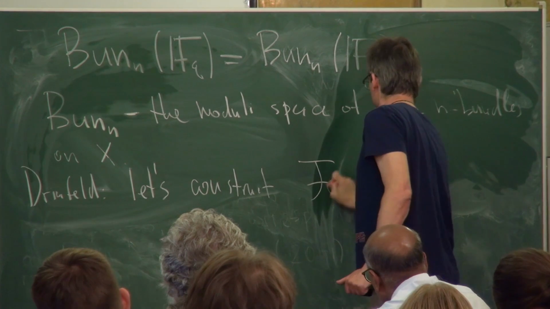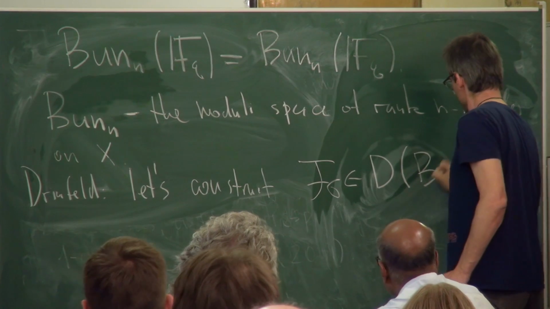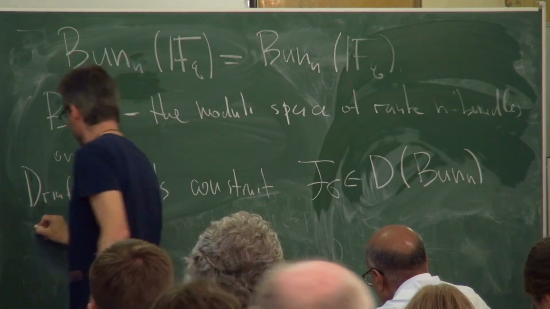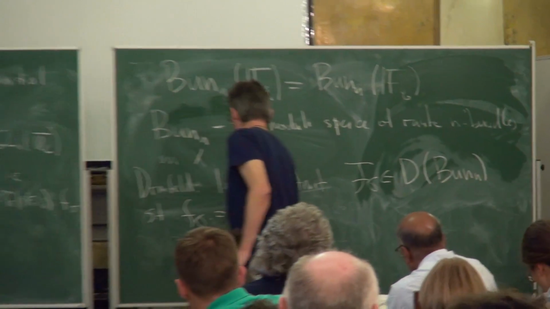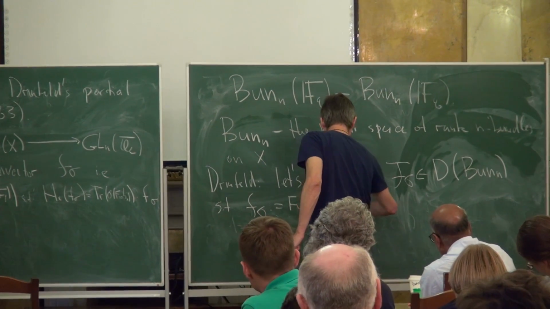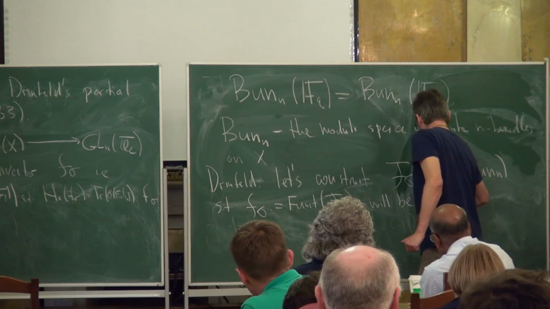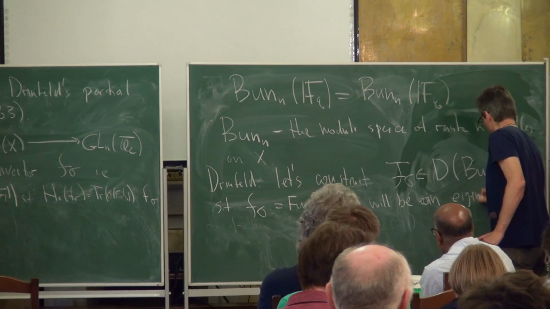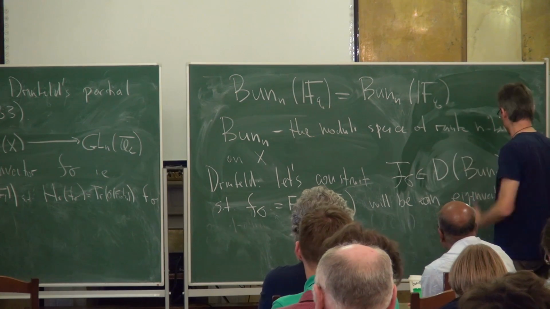Construct F sigma, which is an object of the derived category of L-adic sheaves on this moduli space, such that the corresponding function will be an eigenvector with eigenvalues given by sigma.